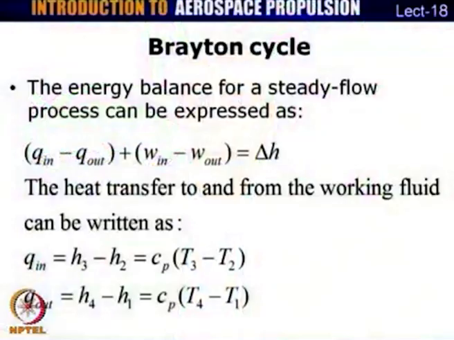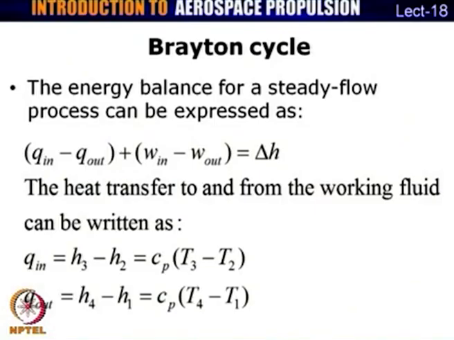As we did in the case of Otto and diesel cycles, we will now derive an expression for the efficiency of a Brayton cycle in terms of certain pressure ratios, which we will define a little later. To derive an expression for efficiency, we will primarily be doing an energy balance.